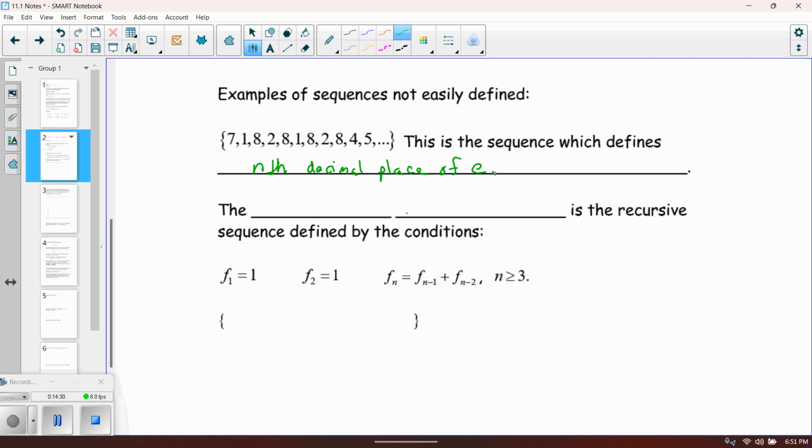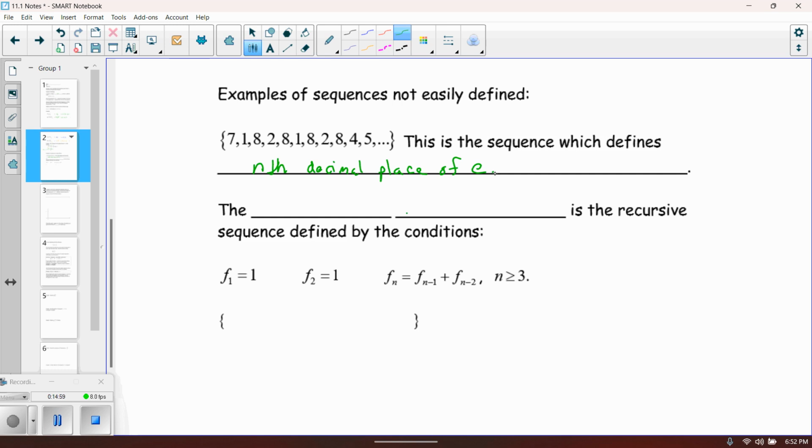And for those of you who aren't as familiar, e is approximately 2.71828182845, and so on. It just keeps on going. e is one of those numbers very much like pi, that there is no discernible pattern to the decimals. It is an irrational number. Now, if I had put 14159, a lot of people probably would have picked up on that. Oh, those are just the decimal places after the 3 for pi.